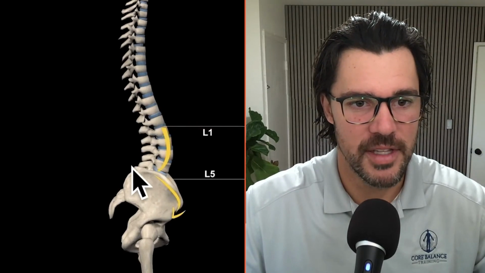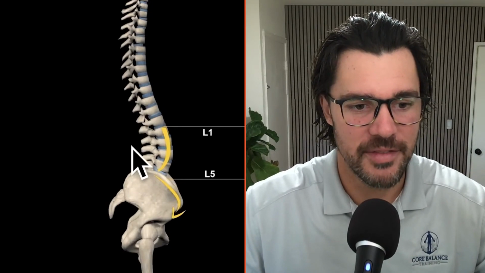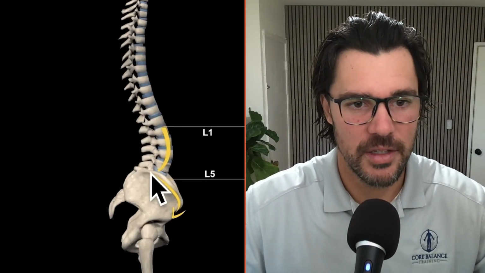So we saw those muscles, the hip flexors pulling tight, tipping the pelvis forward. We saw the lower back muscles tight that were lifting up on the back of the spine here. All of these forces are basically causing an increase in the curvature of the lumbar spine. And that's really what's happening.